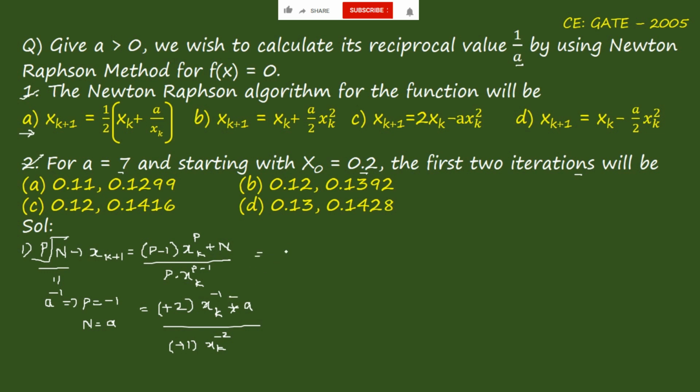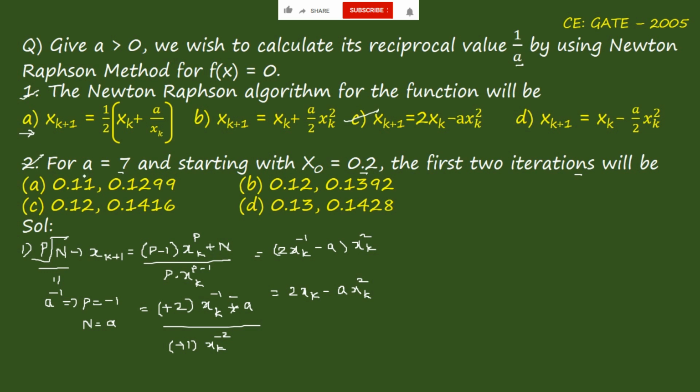Which is equal to 2 into x of k power minus 1 minus a into x of k square, which is equal to 2 into x of k minus a into x of k square. So which of them satisfies is option C. Now come to the second question.